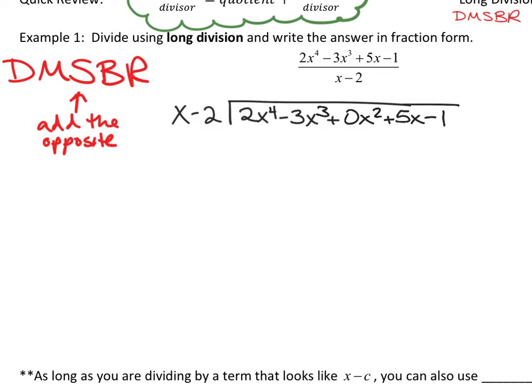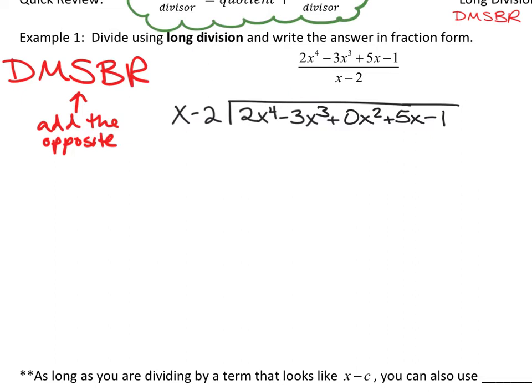Okay, so we follow the steps: divide, multiply, subtract, bring down. Now you can't divide a two-termed polynomial, a binomial, into just a monomial, just one term. So just like before, we're going to scoot over and we're going to start listing out our quotient here.